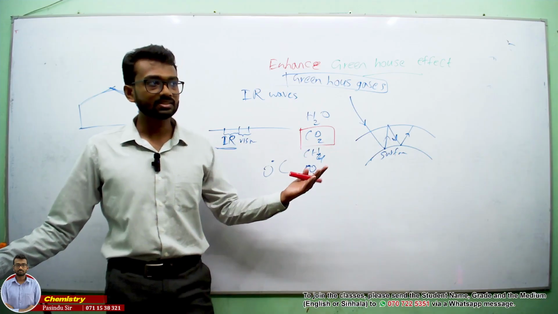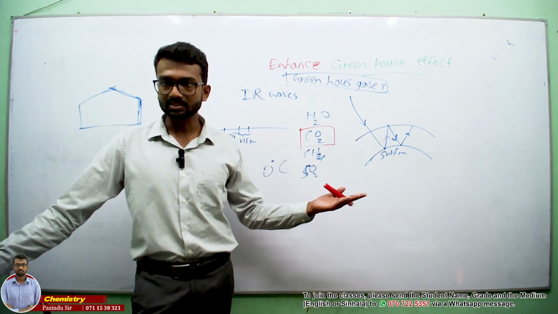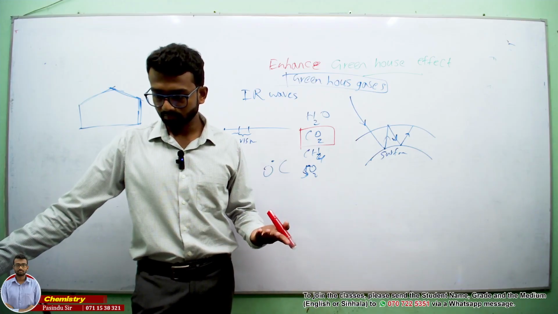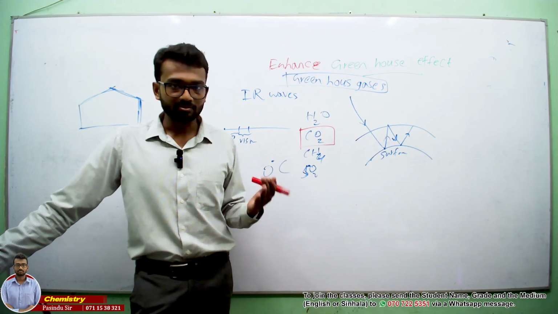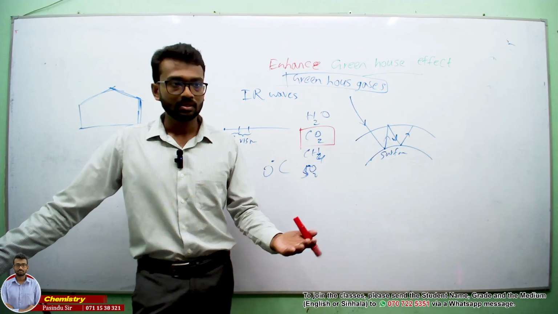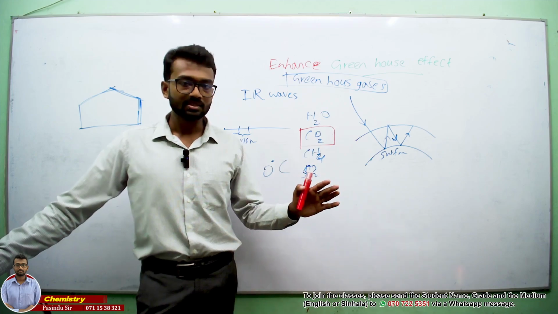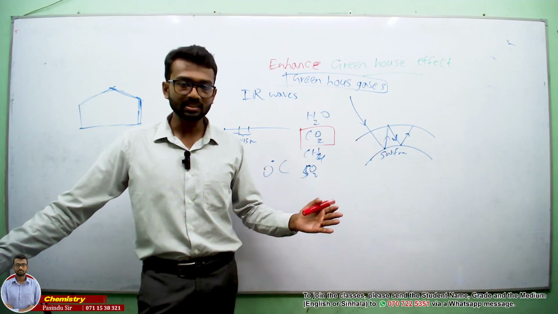The first ice age occurred after photosynthetic organisms came, right? After photosynthetic organisms like cyanobacteria came, the whole earth became green. There was no heterotrophic organism, the whole earth became green, and then what happened?